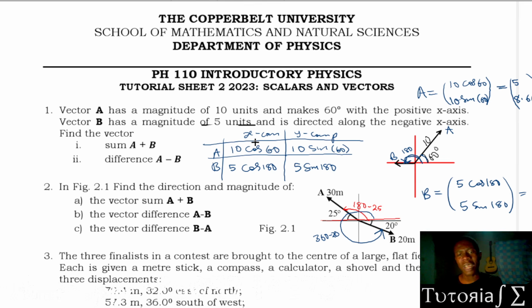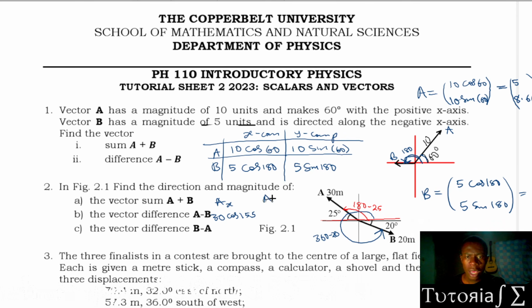And you just resolve as we were doing here. For A, you have 30 cos of 180 minus 25, which is 155. That is the x component.